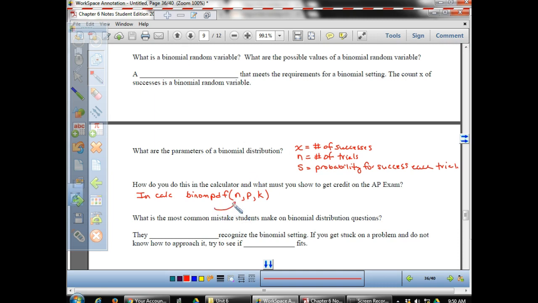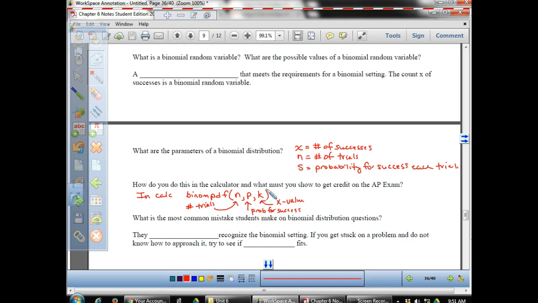N is just the number of trials. P is the probability of success. And k is really just your X value.